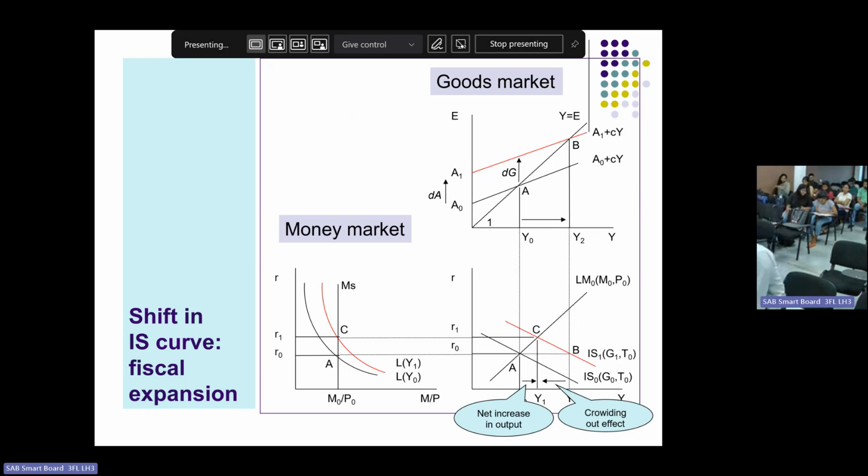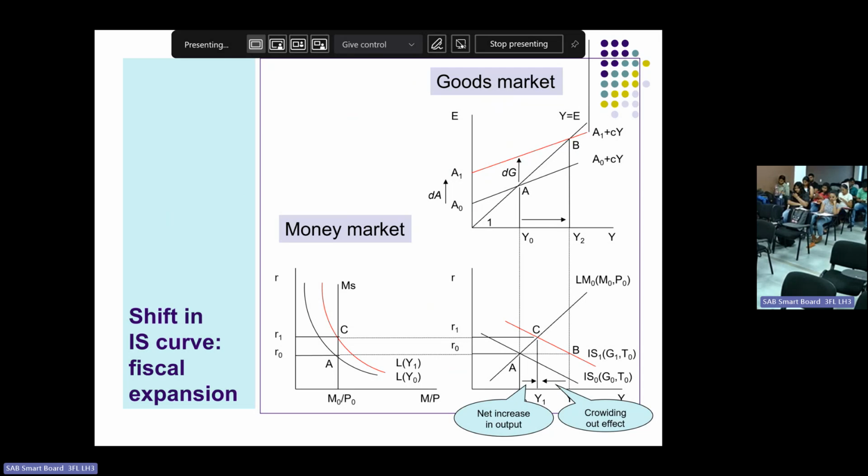Private sector funds go to the government, so that crowds out private investment. That we identified with the IS-LM analysis, by looking at the changes in the interest rate. Now here we noted the crowding out effect.